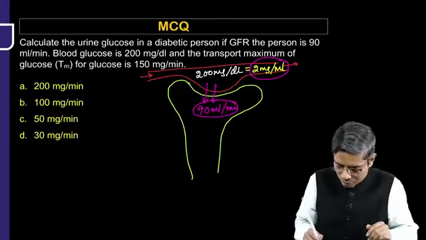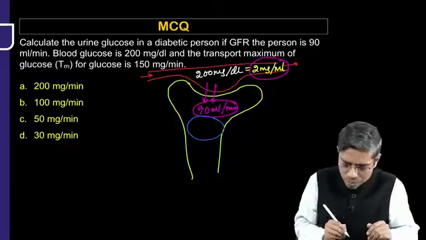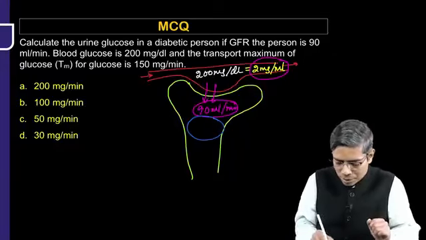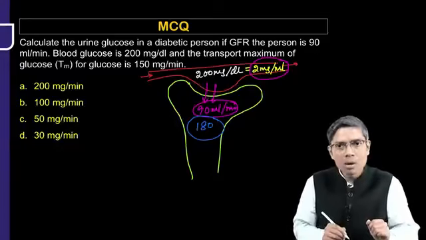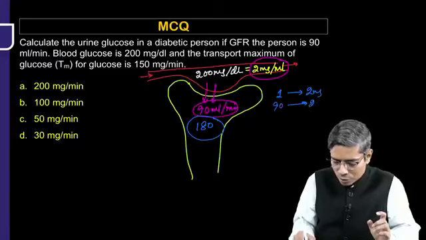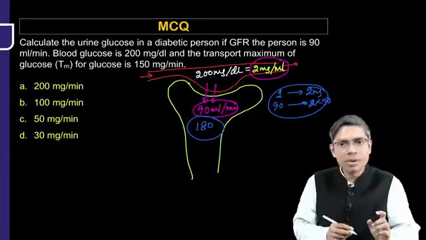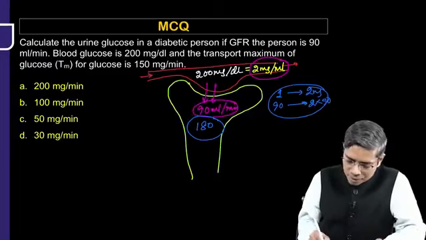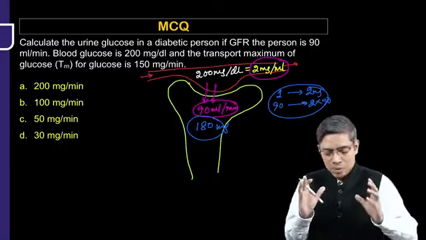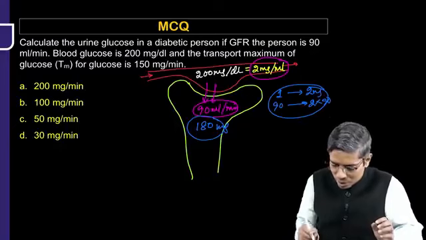So how much will be the total amount of glucose in 1 minute at the level of this Bowman's capsule? So this is nothing but 180. How 180? So 1 ml plasma contains 2 milligram glucose, 90 ml plasma will contain 2 into 90. So this way we have got 180. That means this 180 milligram glucose that has been filtered at the level of Bowman's capsule, this amount is known as tubular load.